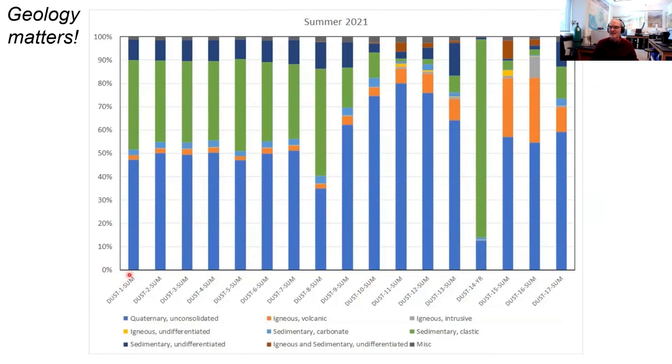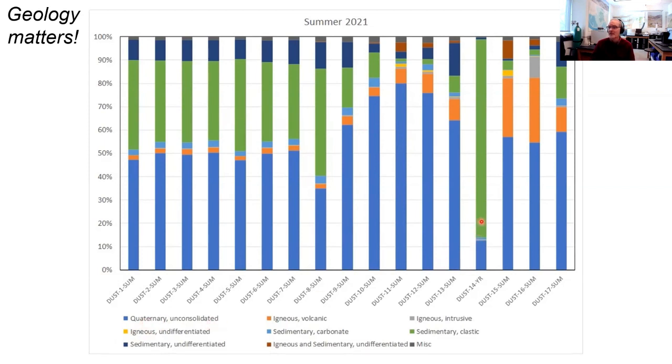From left to right across the bottom, we're looking at the summer season. Dust 1 through 8 are all in the Uintas, so the bar charts look pretty similar to one another because the footprints were similar. But things get quite a bit different when you branch out from there. Dust 11 in the Ruby Mountains in Nevada: the likely contributing area for much of that dust is 80% blue on this plot, 80% unconsolidated Quaternary sediment on old lake basins and alluvial fans and so on.